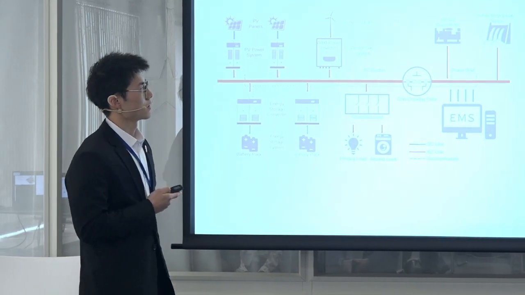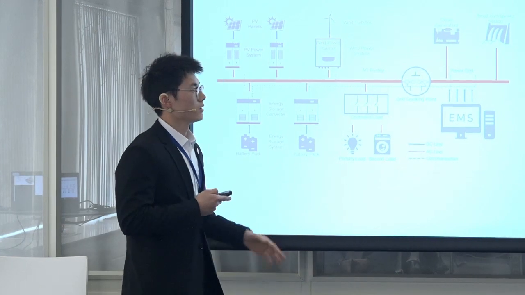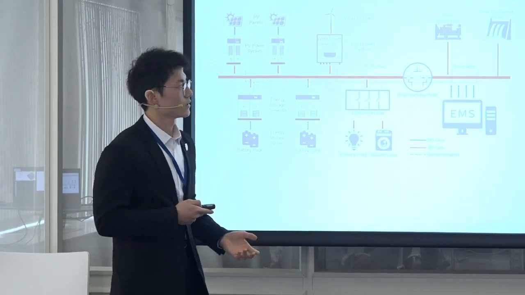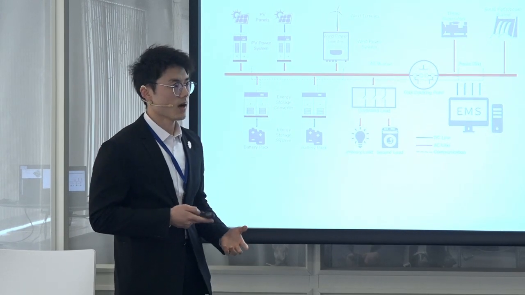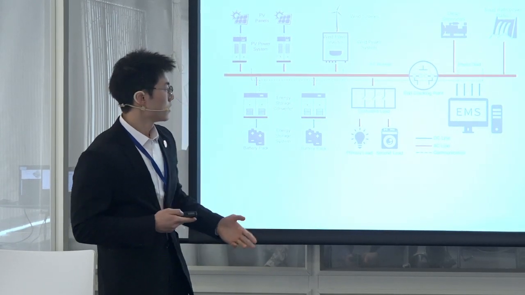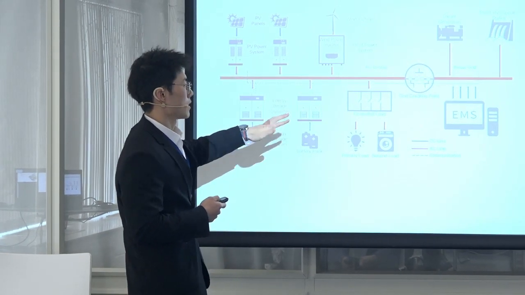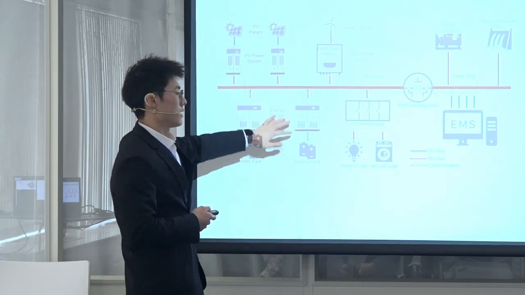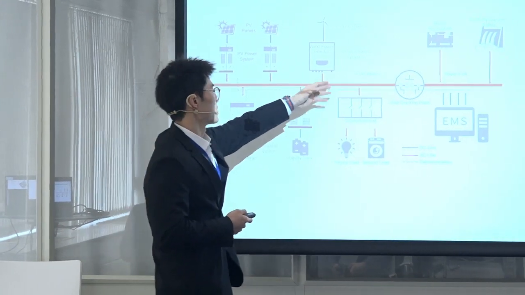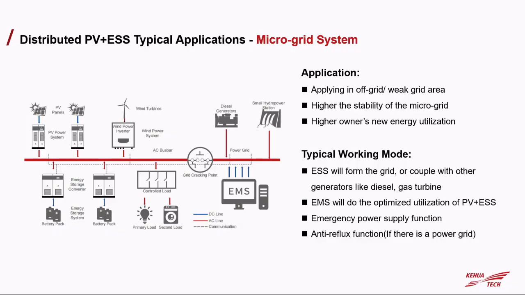And also this is a microgrid system. This application is usually used in off-grid or weak grid areas, like some islands, remote areas, and so on. In this area, there are different systems, like a PV system, the energy storage system, and also a wind power system and a diesel generator.